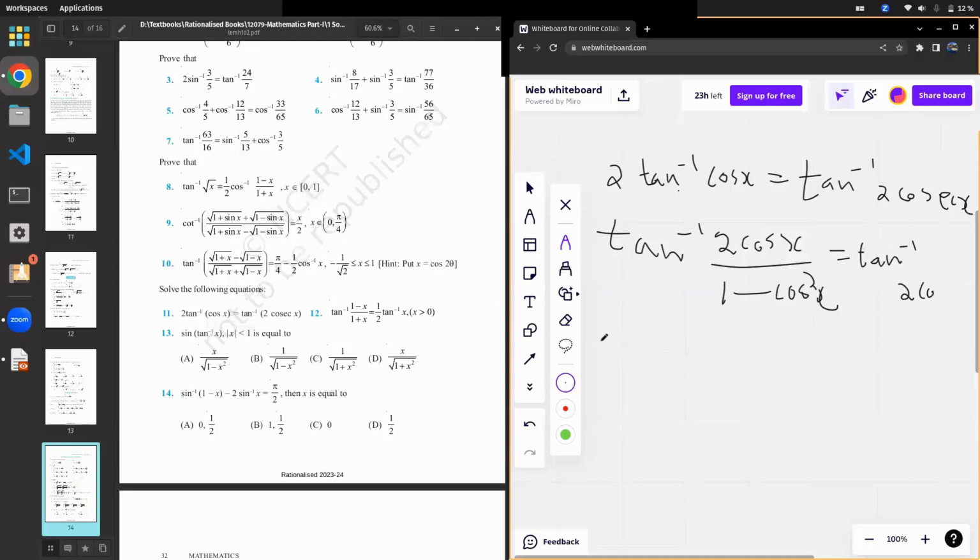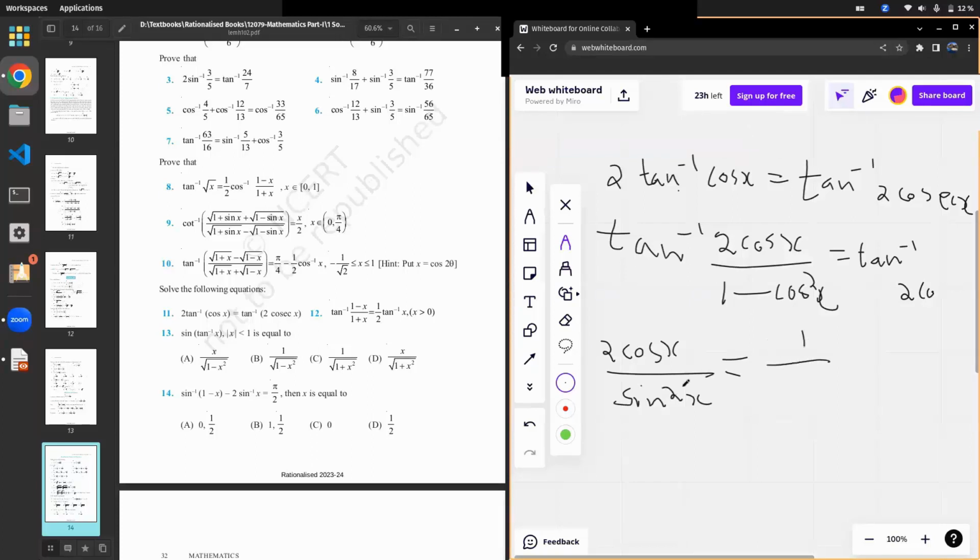So since it is of the form tan inverse of x is equal to tan inverse of y, we can show that it holds if x is equal to y.